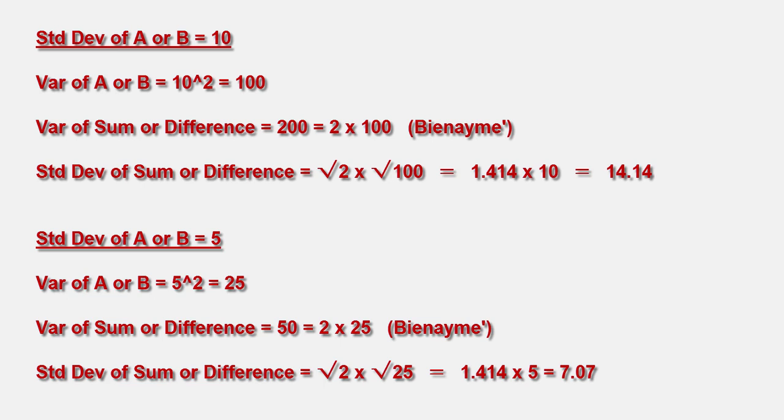So the standard deviation of the sum or the difference is the square root of 2 times 25, or the square root of 2 times 5, which is 7.07. Notice that in both cases we could generalize that when the standard deviation of two variables is the same, the standard deviation of the sum or the difference will be increased by about 1.4 times.